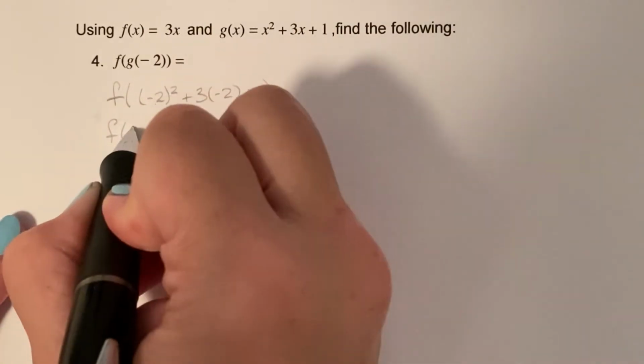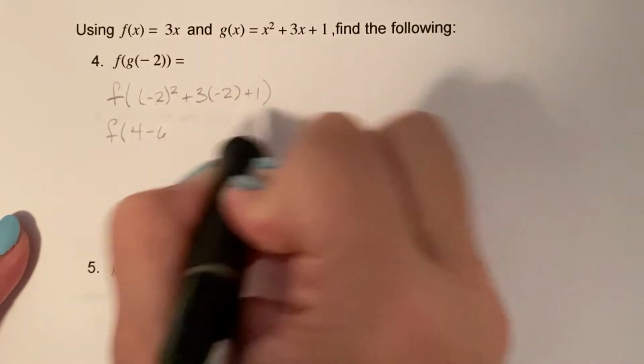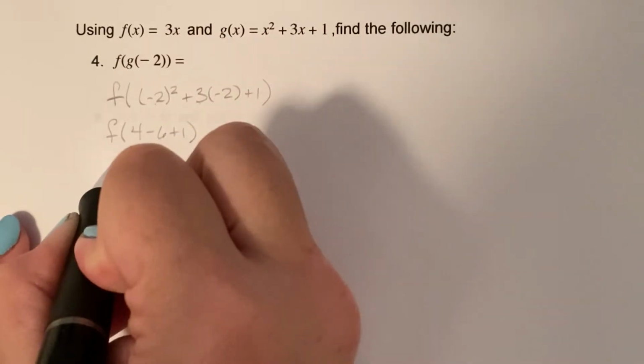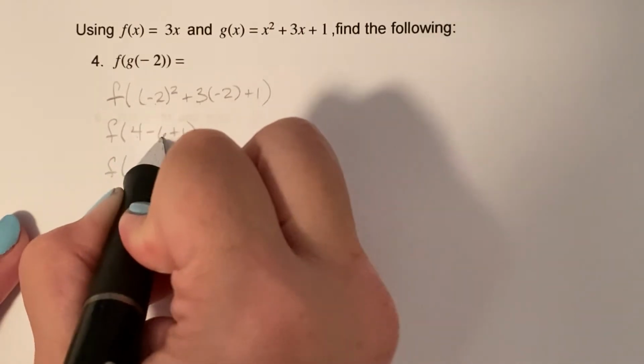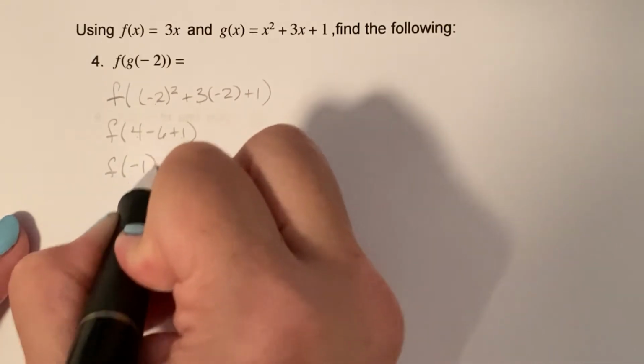So -2 squared is 4. 3 times -2 is -6, plus 1. 4 minus 6 is -2, -2 plus 1 is -1.